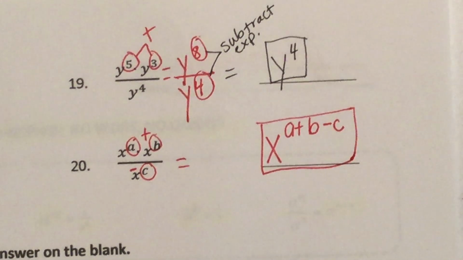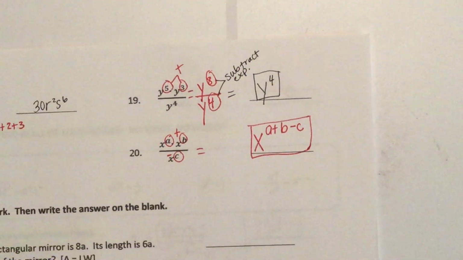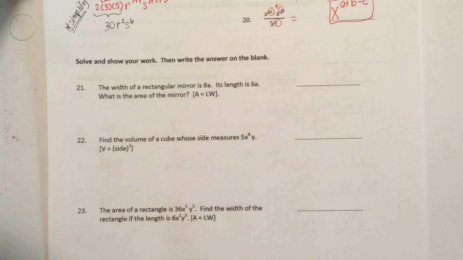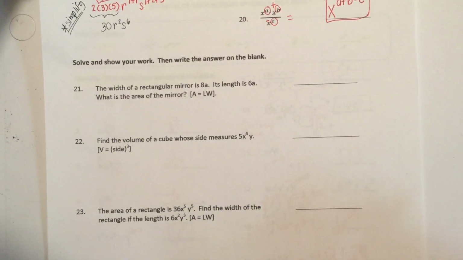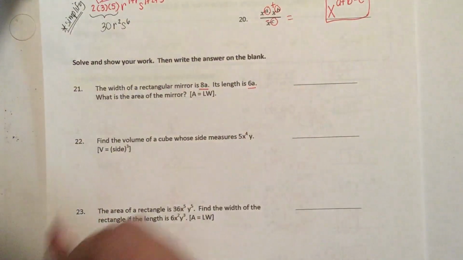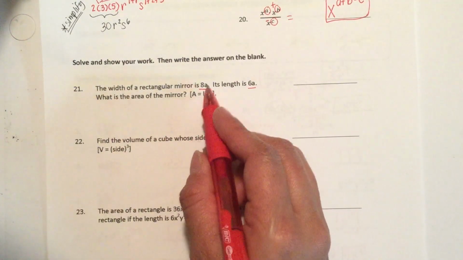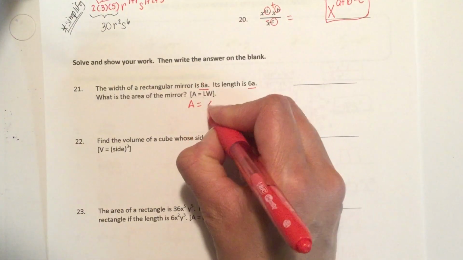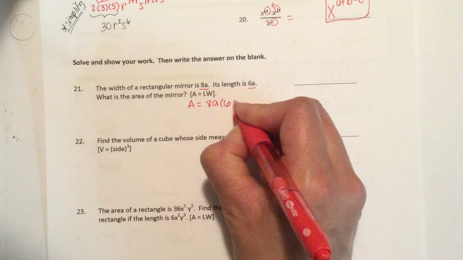Number 21. 21's a word problem. So here you're going to solve and show your work, then write your answer on the blank. So 21, the width of the rectangular mirror is 8a, the length is 6a. What is the area? Area equals length times width, so here you're going to multiply 8a times 6a.